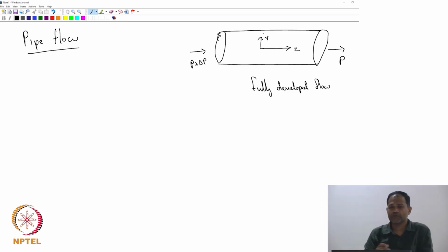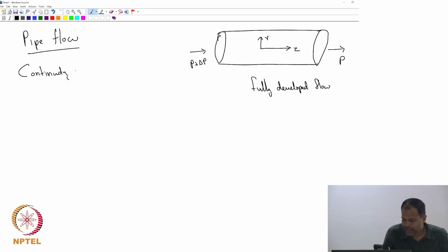So what is the first thing to do? We will write down the governing equations, which are the continuity and momentum equations. We'll start with the continuity equation and we'll make a few more assumptions. We derived the continuity equation yesterday. What was that?